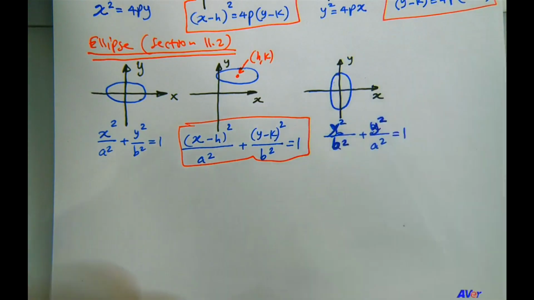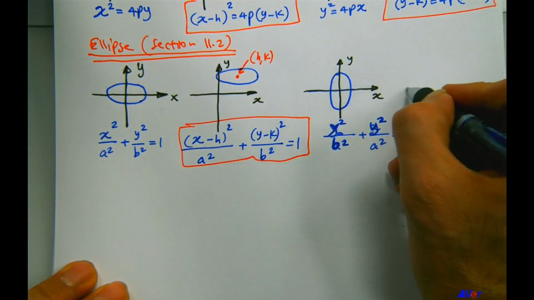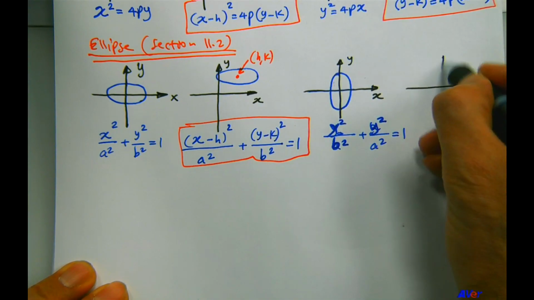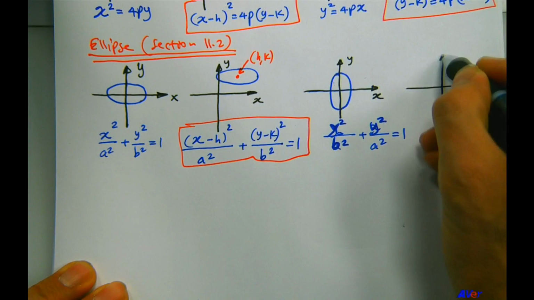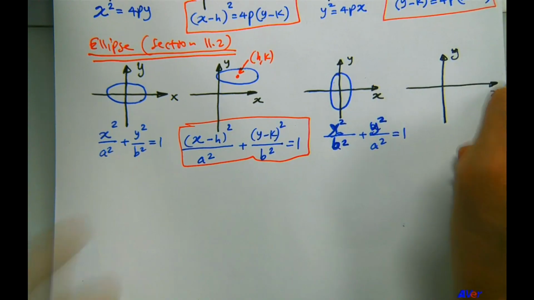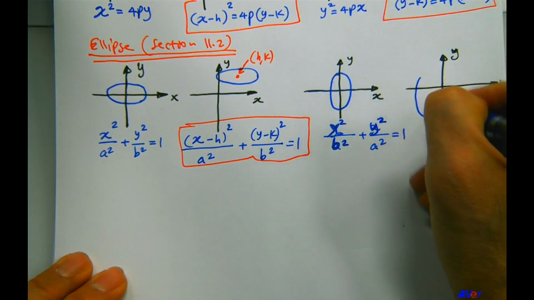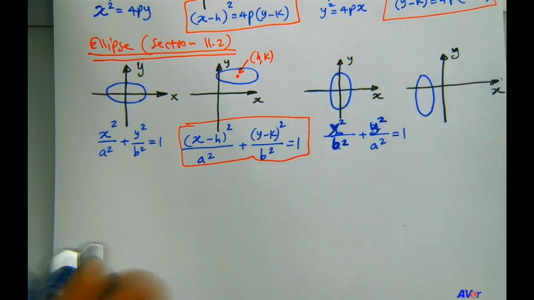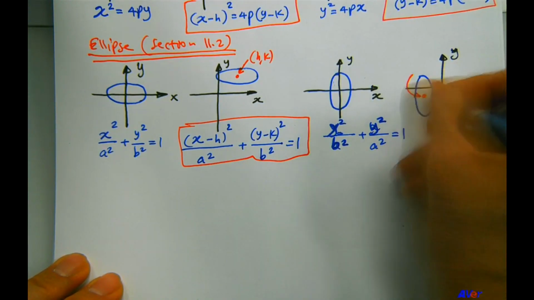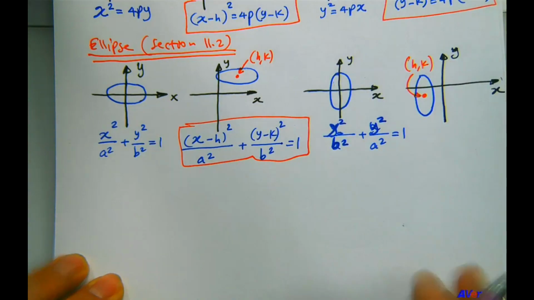Okay, so then how does this formula change if we have the vertical ellipse with its center away from the origin? Let's look at that. Suppose we have an ellipse over here with its center somewhere here, and that center has coordinates h comma k.